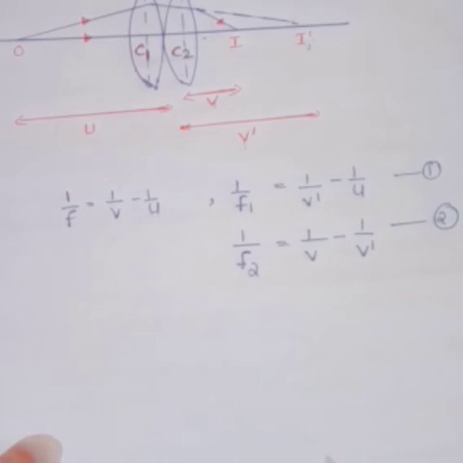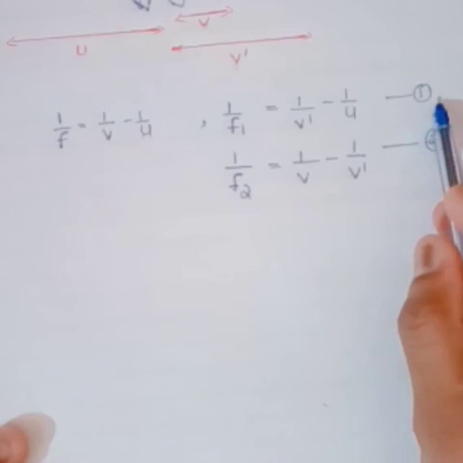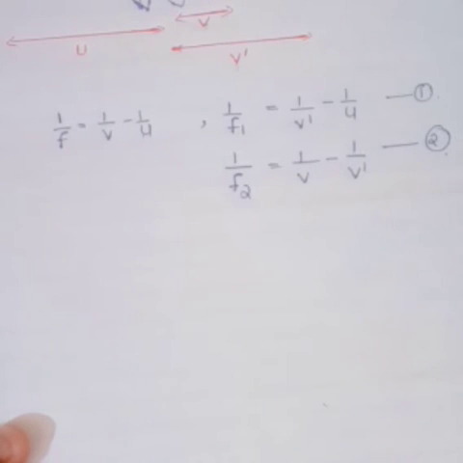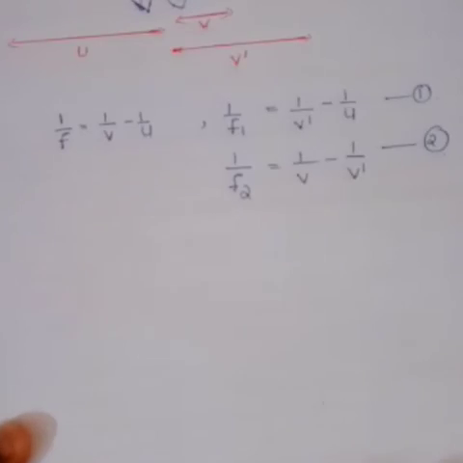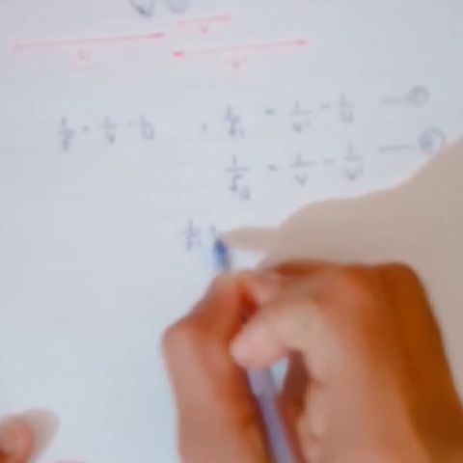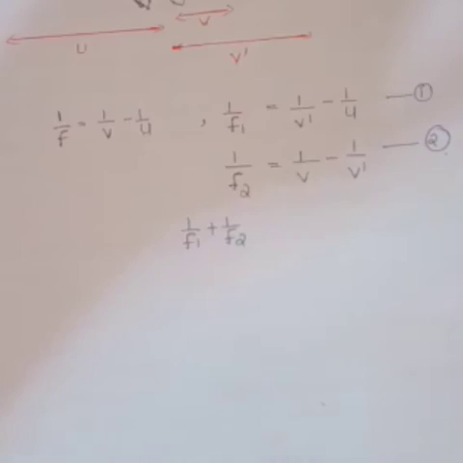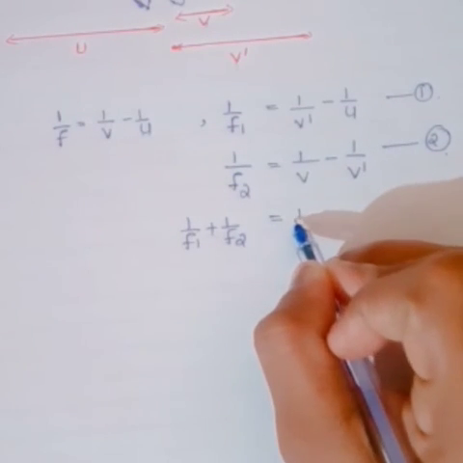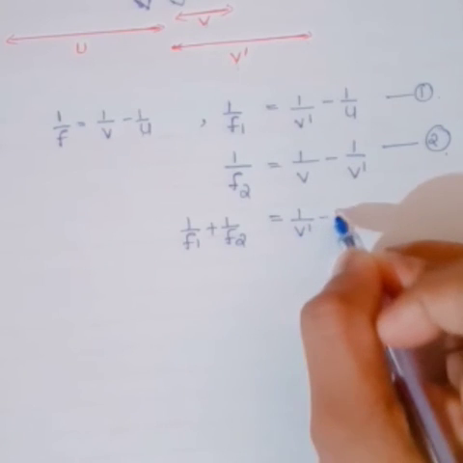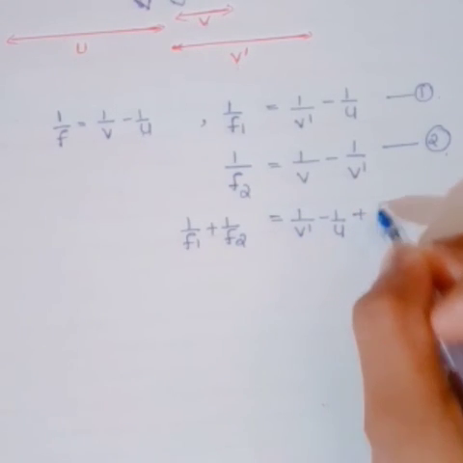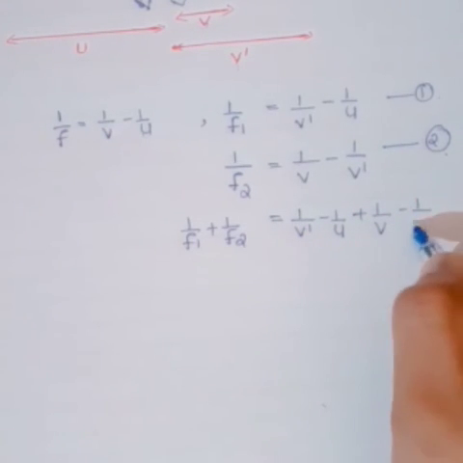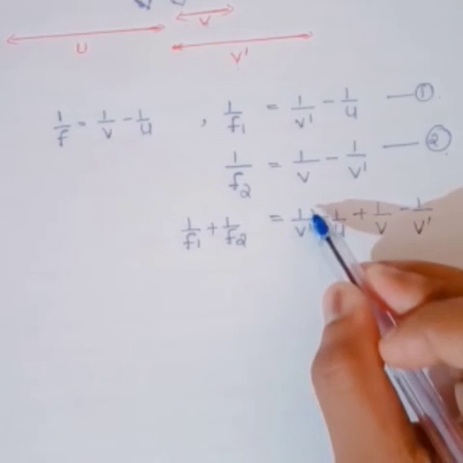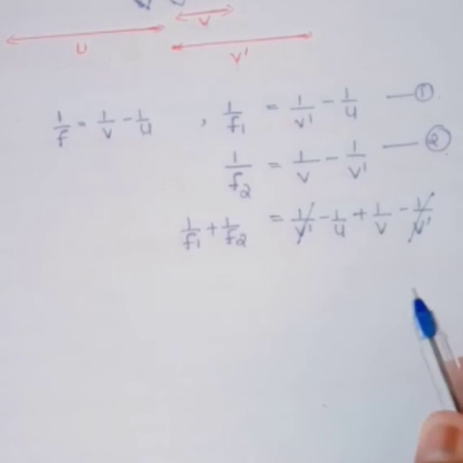Next step, adding equation number 1 and 2. So 1 by f1 plus 1 by f2 is equal to 1 by V dash minus 1 by U plus 1 by V minus 1 by V dash. Here 1 by V dash and 1 by V dash cancel.